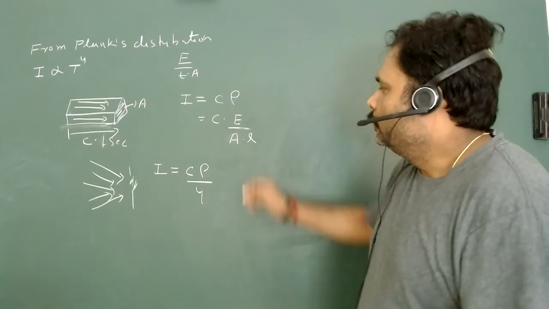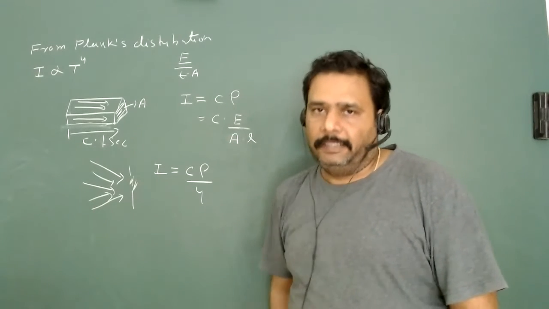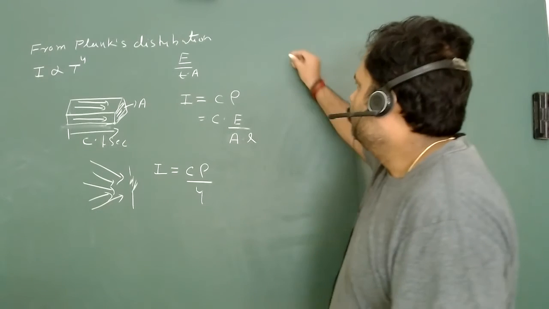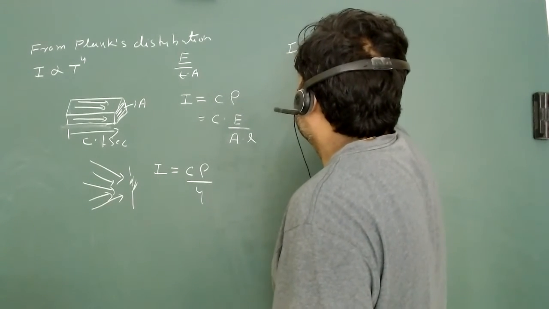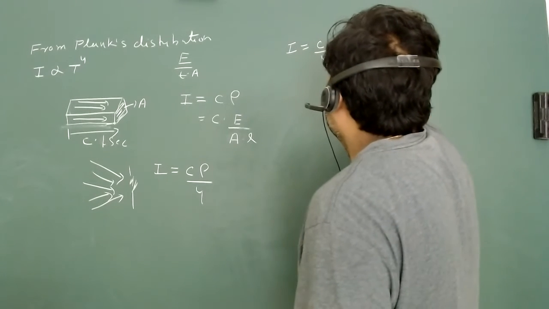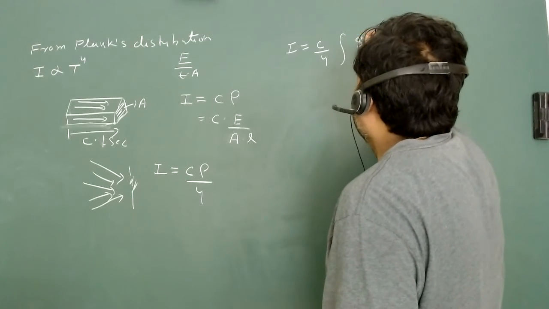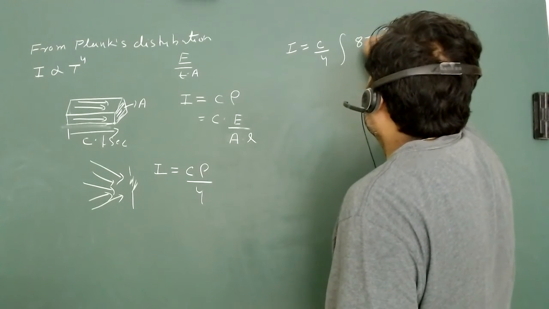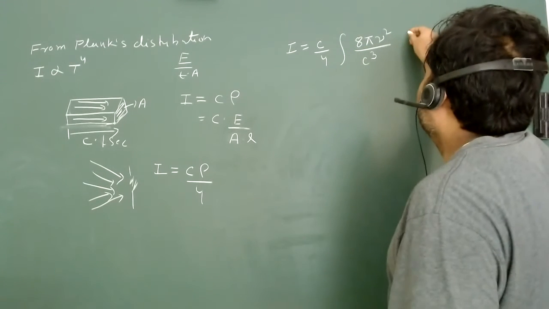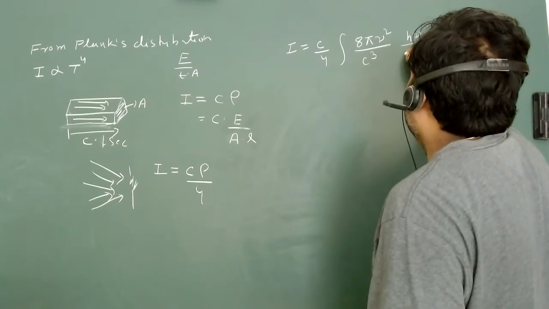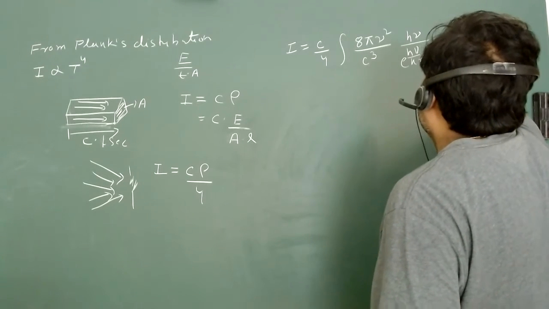Now this rho is the density for all possible frequencies. So we can write this intensity formula as C by 4 times the integration of 8 pi nu square upon C cube, times h nu upon e to the power h nu upon kT minus 1, d nu.